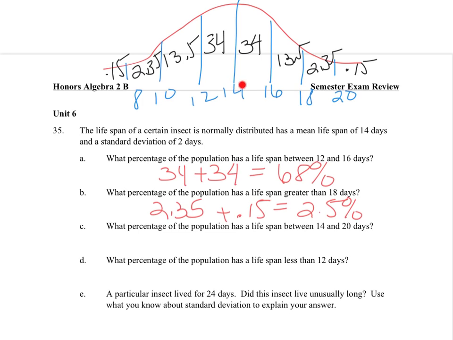Between 14 and 20, because 14 was the mean, it's going to be 50% minus 0.15, or you could add up the 34, the 13.5, and the 2.35. I get 49.85%. Less than 12 days, so I'll add up those percents.